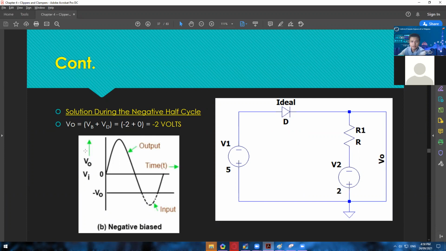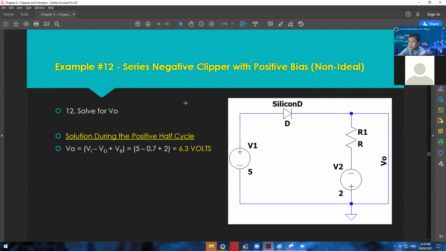All right. So if ever that you have a clarifications, just let me know. So in here, since this one is ideal, so we only have 0 volts right here. So negative 2 plus 0 is equal to negative 2 volts. So let's now move on to example number 12.